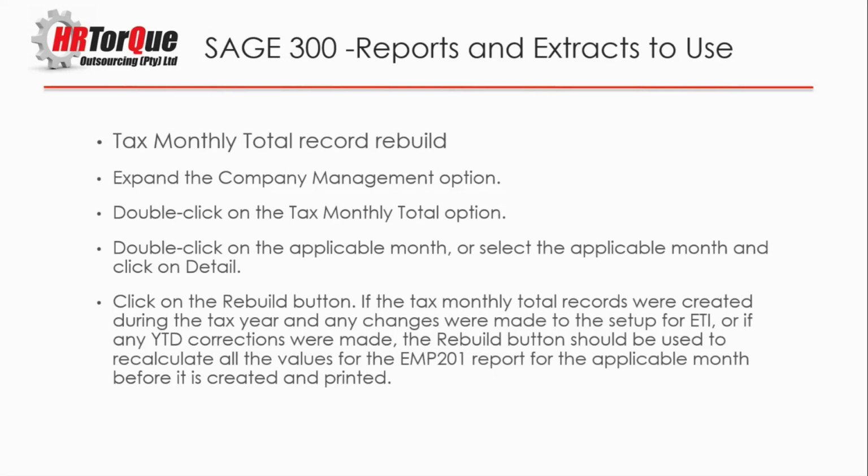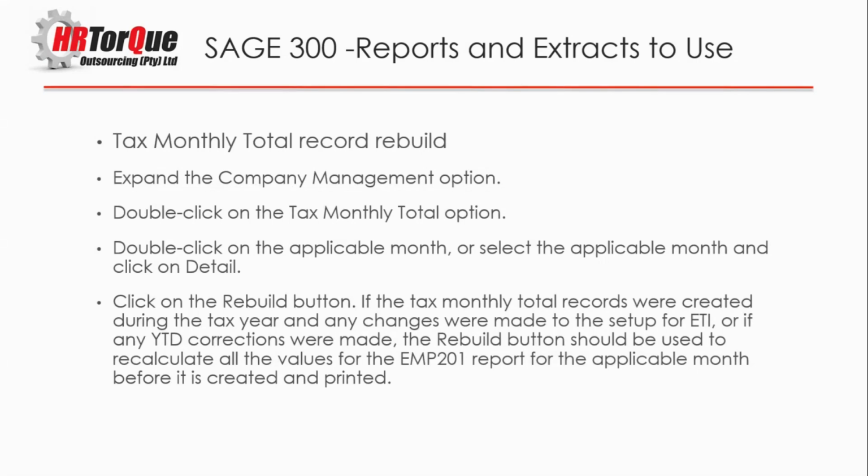If you aren't, it's not the end of the world. The 201s and that sort of thing still work, but you do need to create it before you can create tax certificates. So if you haven't created your tax totals monthly, go to your company management, go to tax monthly total. I always say tax total monthly. Tax monthly total.